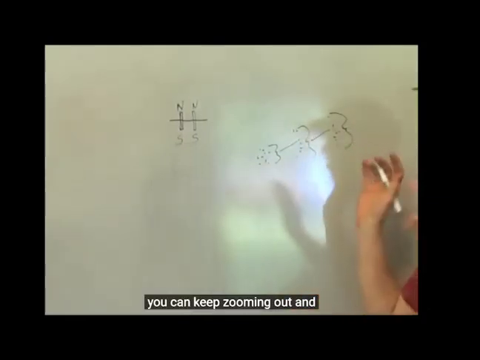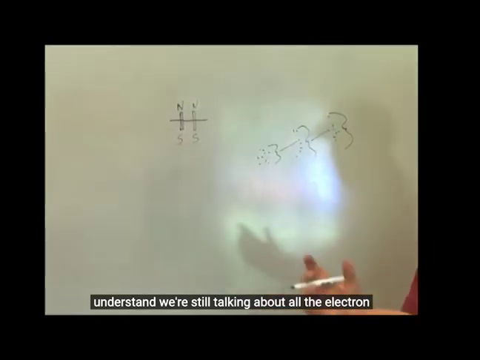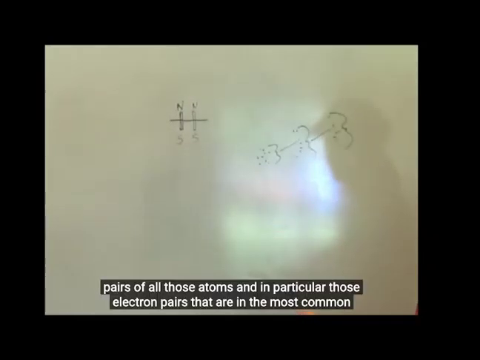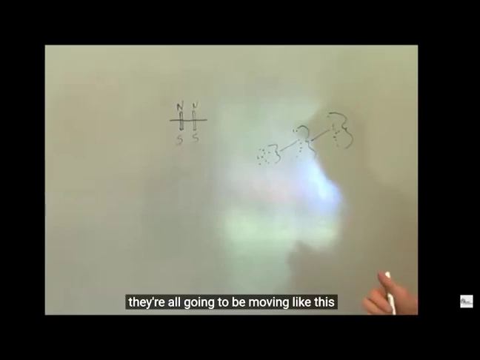You can keep zooming out and understand we're still talking about all the electron pairs of all those atoms, and in particular those electron pairs that are in the most common orbital for electron pairs to exist in for most matter. They're all going to be moving like this.